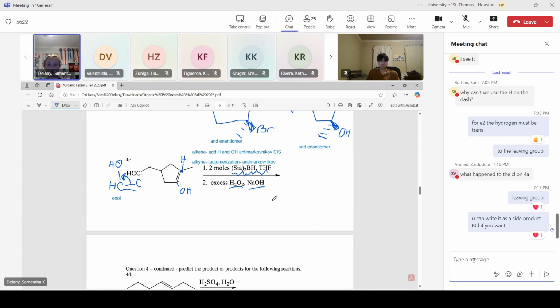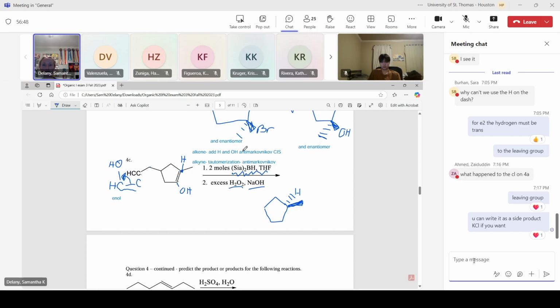So let's go ahead and draw the product. Start off with my cyclopentane ring. It's no longer an alkene. I'm just going to draw this as a wedge just for the heck of it. And then we also have the hydrogen. You'll see why I'm drawing it out in just a second. You don't have to draw it out.